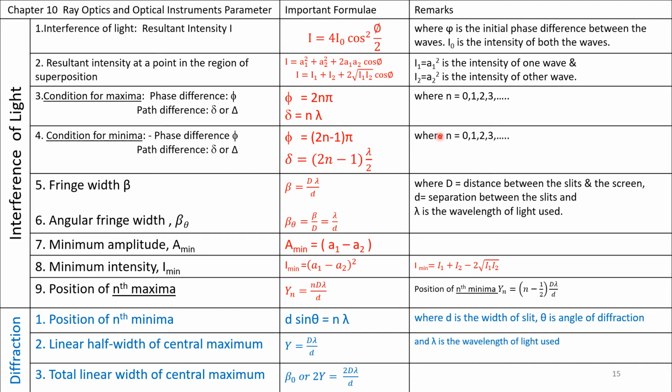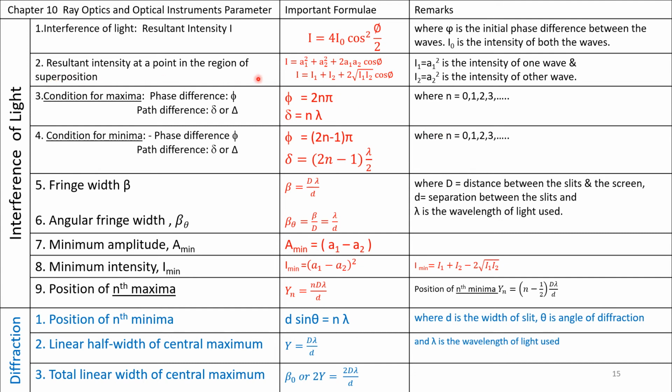The resultant intensity I is given by I is equal to 4 I naught into cos square phi by 2, where phi is the initial phase difference between the waves and I naught is the intensity of both waves. Resultant intensity at a point in a region of superposition.